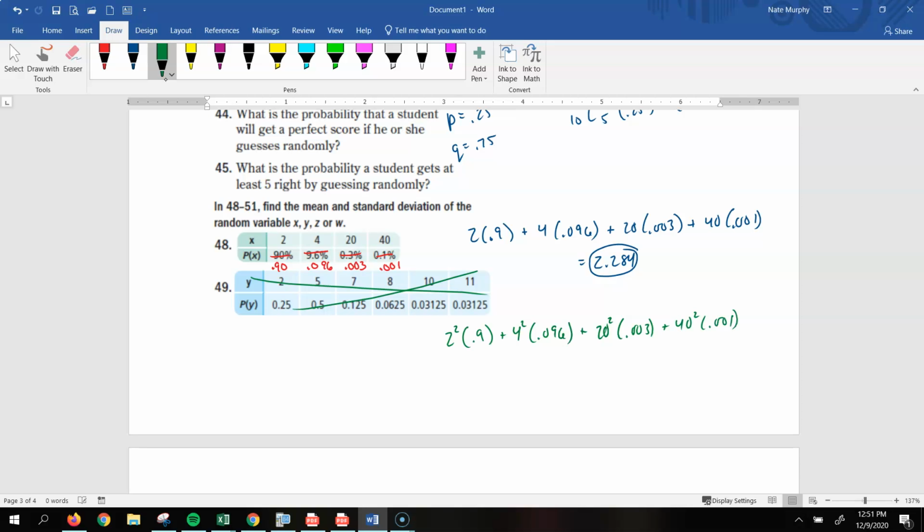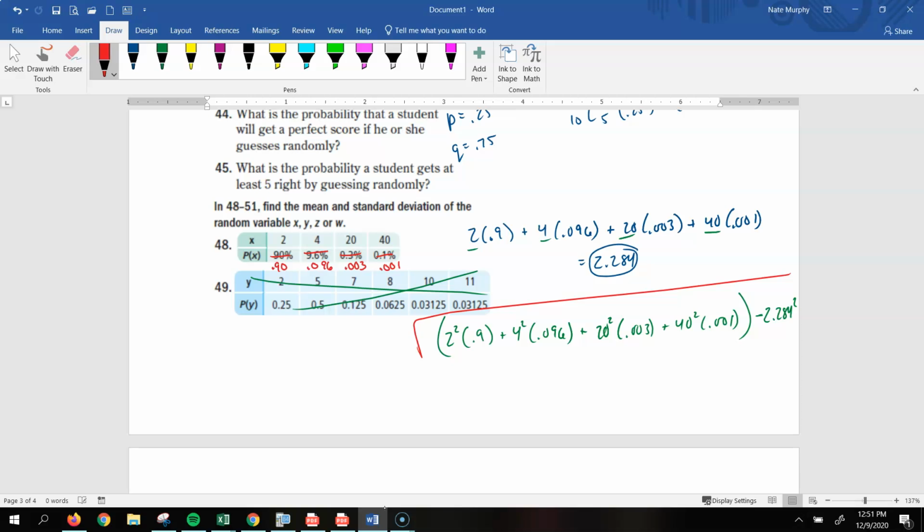So we take each of those and do the same thing that we did up here, except we square those x values. Now that's not our answer. That's just the first step. So we're going to subtract from that whatever the mean is squared. So minus 2.284 squared. And after you do all of that, the third step is you're going to take the square root of that answer.